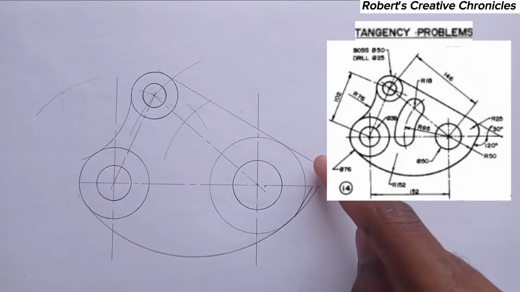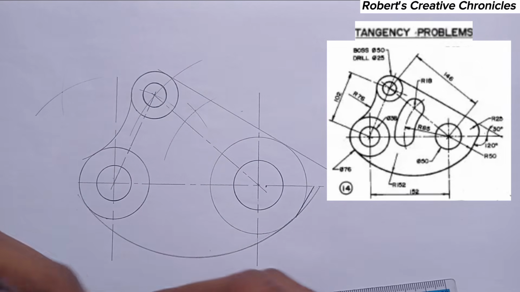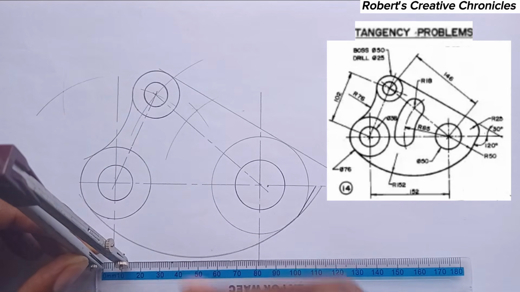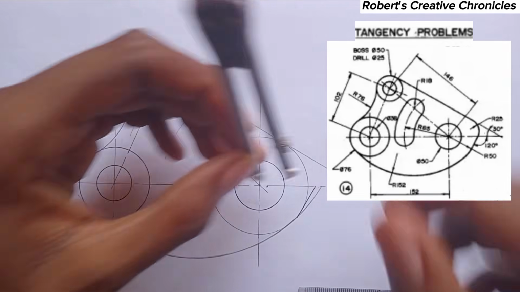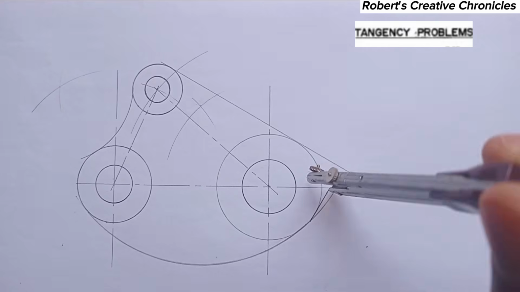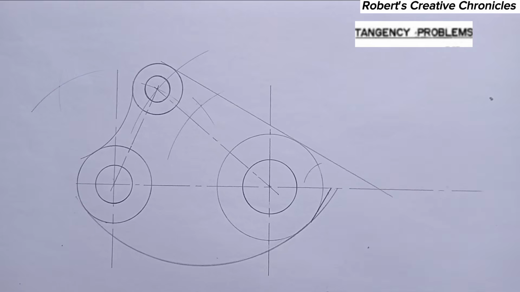Then the radius to join this point is what? Is 25. Since we are using half scale, it will be 12.5. So I'll measure 12.5 here. 12.5 then. So we'll put it here. Then draw it.